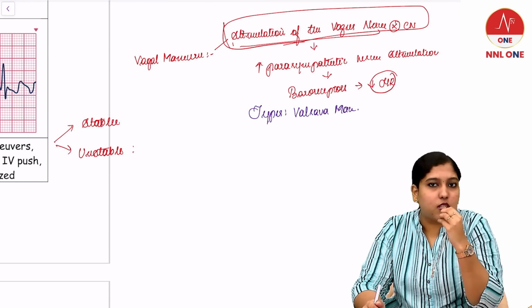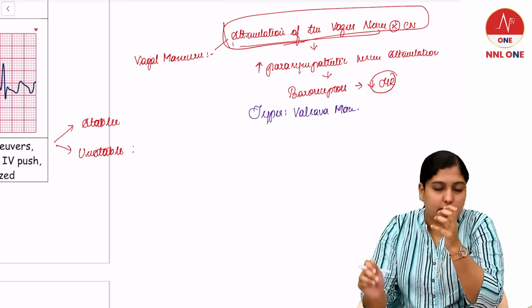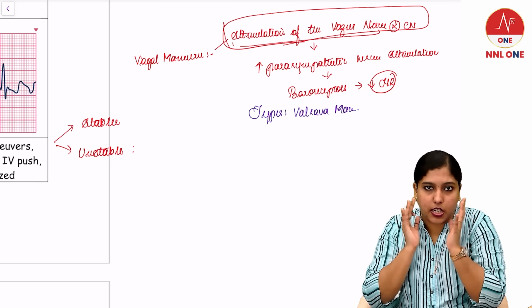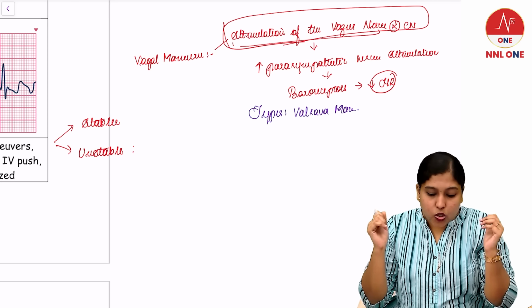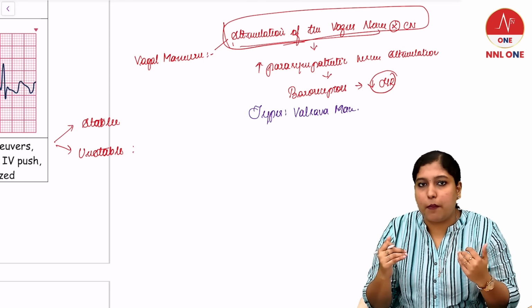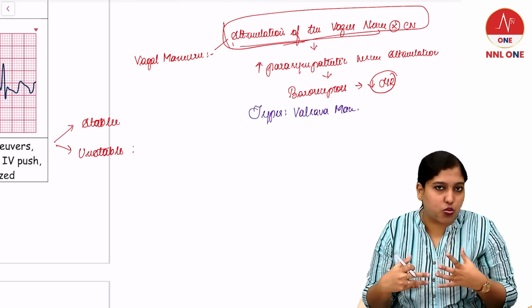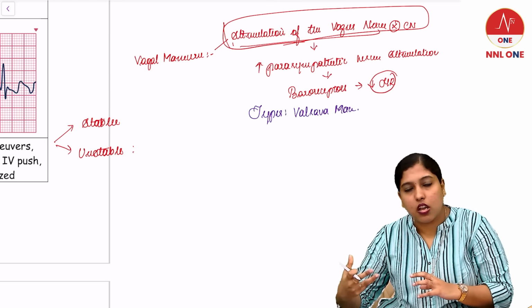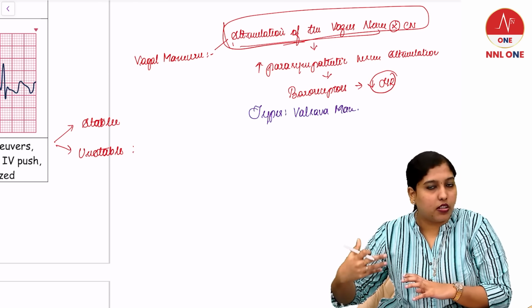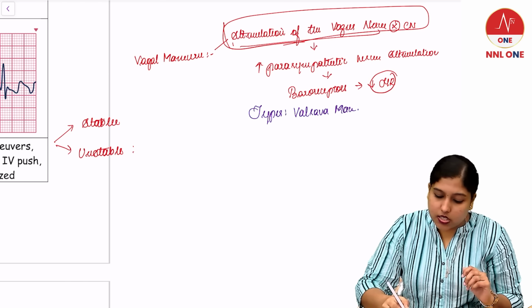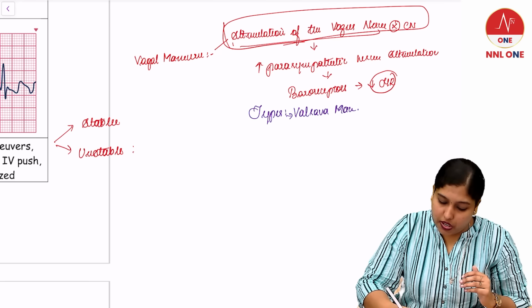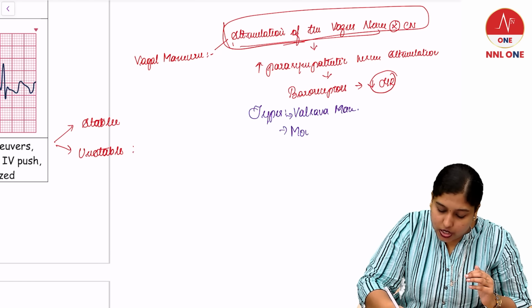That is termed as Valsalva maneuver. I am asking the patient to exhale forcefully where all the orifices are getting pressurized. When this forceful exhalation is happening, the intrathoracic pressure is going to increase, which in turn causes vagal stimulation, and thereby the heart rate is going to decrease. This is the normal Valsalva maneuver. We also have the modified Valsalva maneuver.